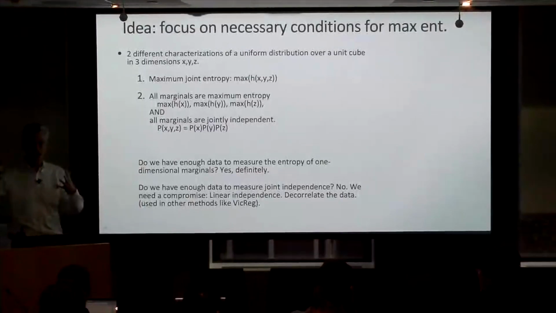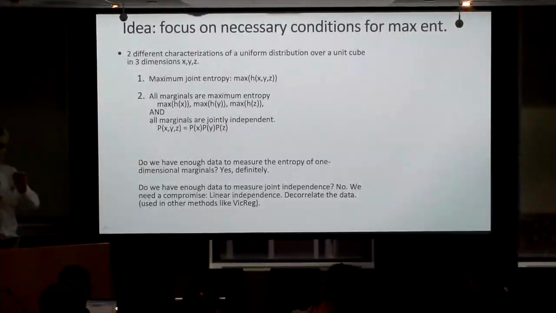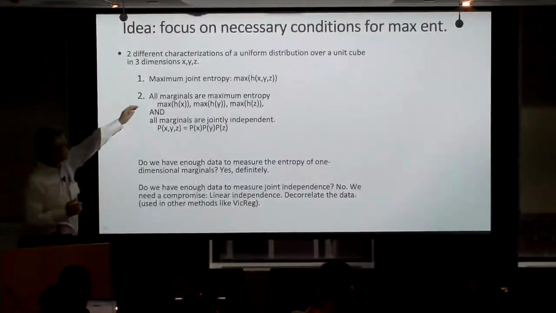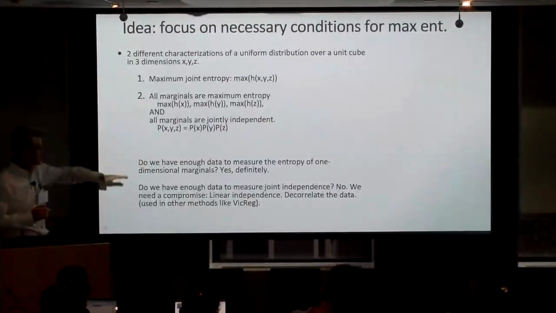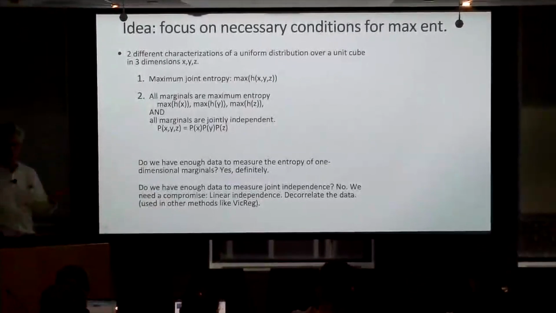We won't discover that, and it would be structure hidden in our data that we can't get rid of, which would mean it is not maximum entropy. So the next most interesting question to me is: if you maximize the marginal entropies and ensure linear independence through decorrelation, is there any structure left in your data?